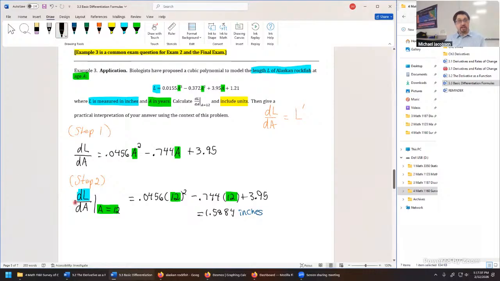Then with this, you can just write a fraction bar if you prefer. You can say per, completely up to you. The denominator is telling us our other unit, per year. So these always match up. The numerator units divided by the denominator units tells us that number is 1.5884 inches per year.